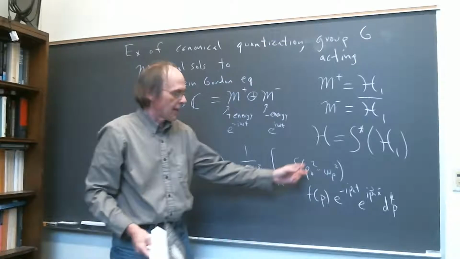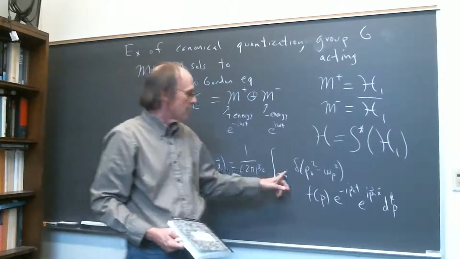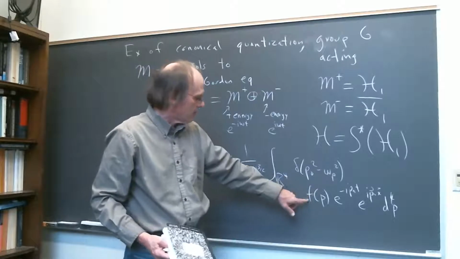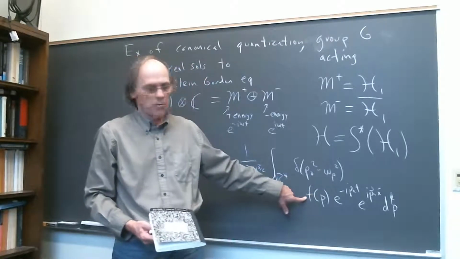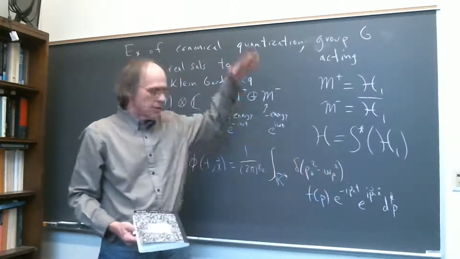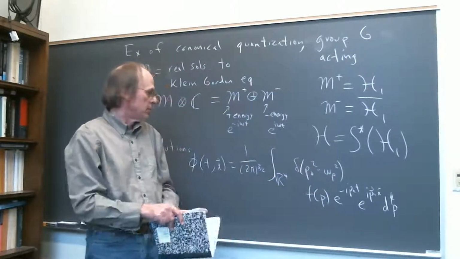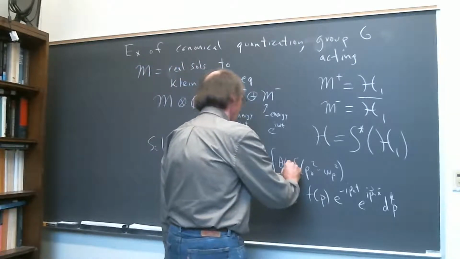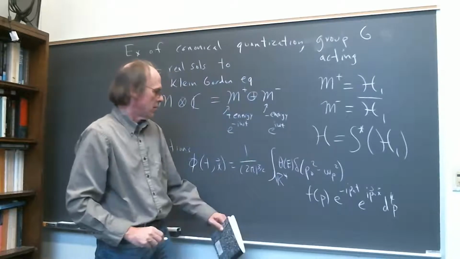We talked about this a lot at the end of the last class. This is a relativistic invariant way of doing it: you pick any function of the four-momenta, and then restrict it to the positive energy mass shell.